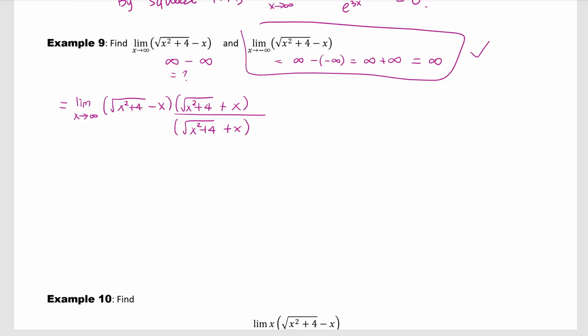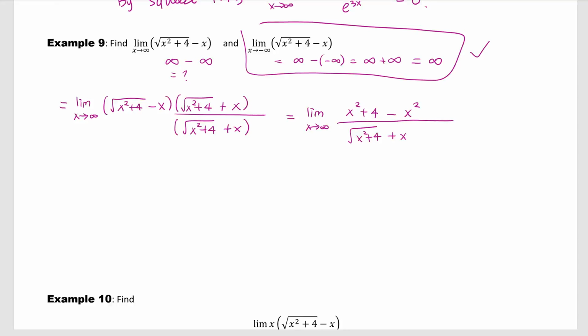Remember a minus b times a plus b is a squared minus b squared. So it actually helps us to get rid of the square root. Okay, so that's why this guy equals the first guy squared, which is x squared plus 4, minus the second guy squared, so x squared. And then over square root of x squared plus 4 plus x.